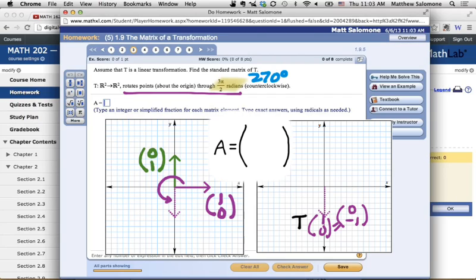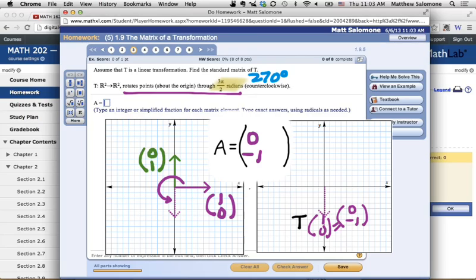So 0, negative 1 is a part of my answer. Which part? It's the first column because it's the first standard basis vector.